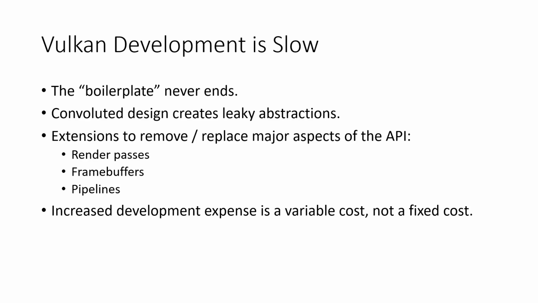It's very difficult to wrap Vulkan up into these nice, neat classes so that you can use it like a normal API, because the design is extremely convoluted. For example, I think pipelines, I haven't worked with pipelines for a while, but I think when they're created, they have to include the Vulkan equivalent of a frame buffer object.